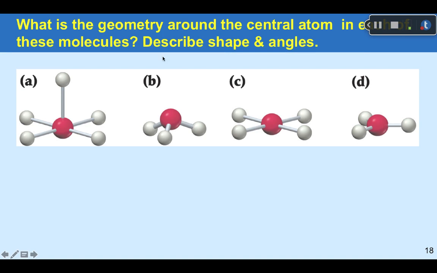Now, more examples. We're looking at the geometry around the central atom in each of these molecules, and we'll try to figure out the shape and the angles. Bear with me as I try to draw with my mouse. Okay, the geometry around the central atom in each of these molecules, we have to hope they've been drawn reasonably well. And what I see on the leftmost example, A, is we have 5 things attached to a central atom, and if they were equally distributed around the central atom, we would have trigonal bipyramidal geometry, but it's not.